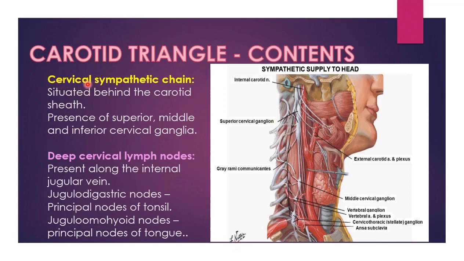So the next structure which we are dealing with is the cervical sympathetic chain, which is seen behind the carotid sheath. The sympathetic chain in the cervical region is a long chain, paravertebral in position.